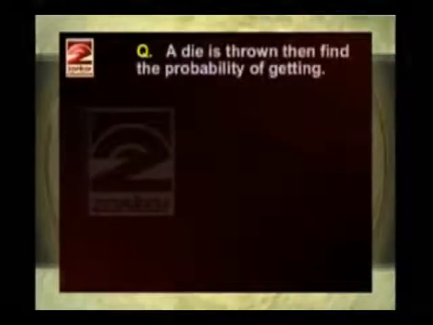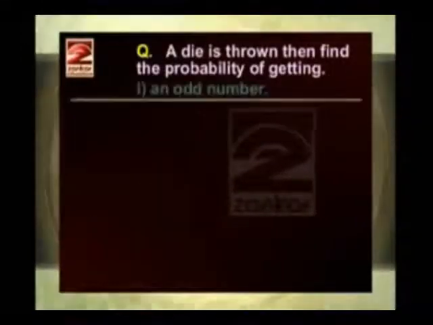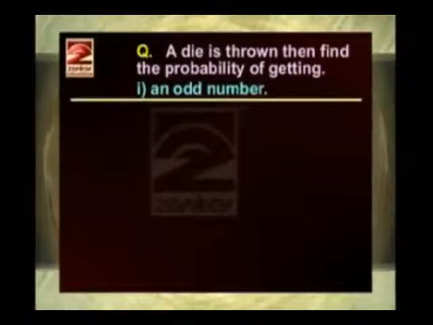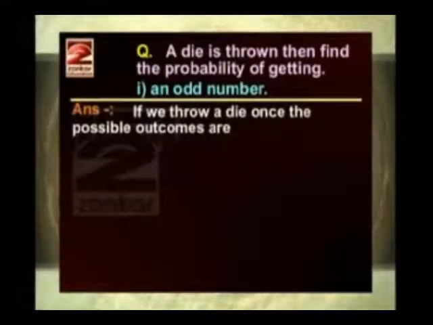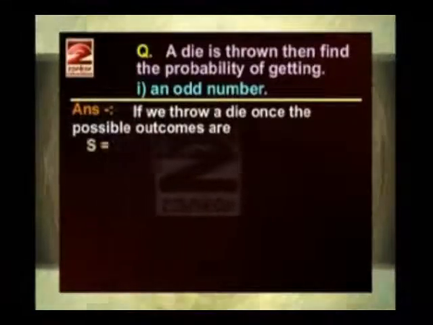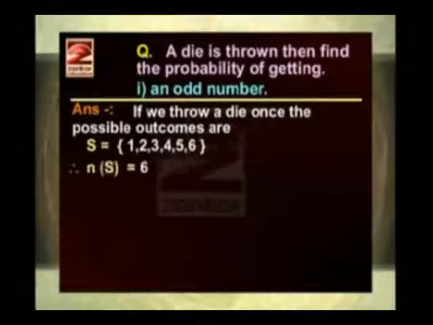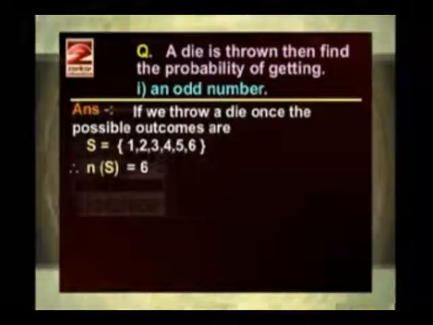So now the question is, a die is thrown, then find the probability of getting an odd number. If we throw a die once, the possible outcomes are S is equal to {1, 2, 3, 4, 5, 6}. Therefore, n(S) is equal to 6.